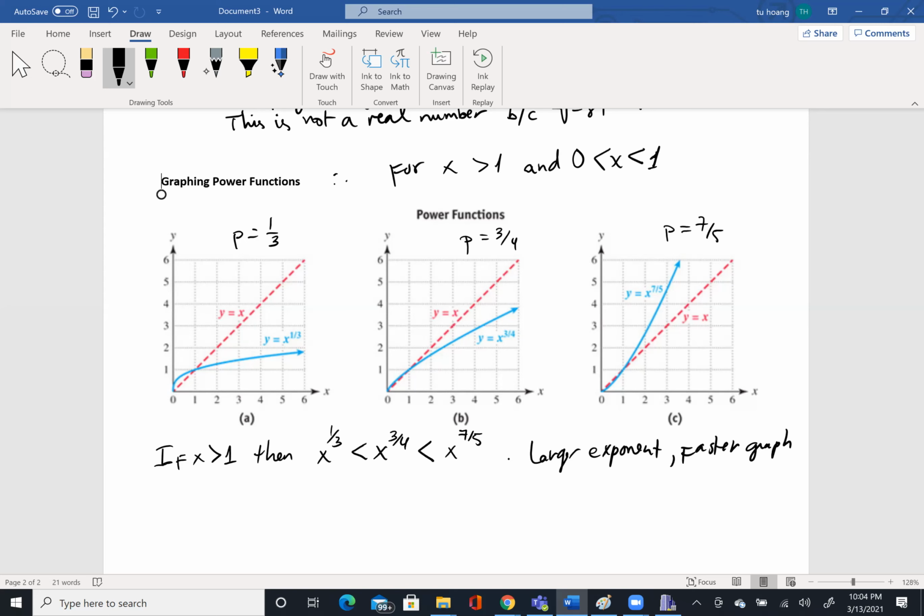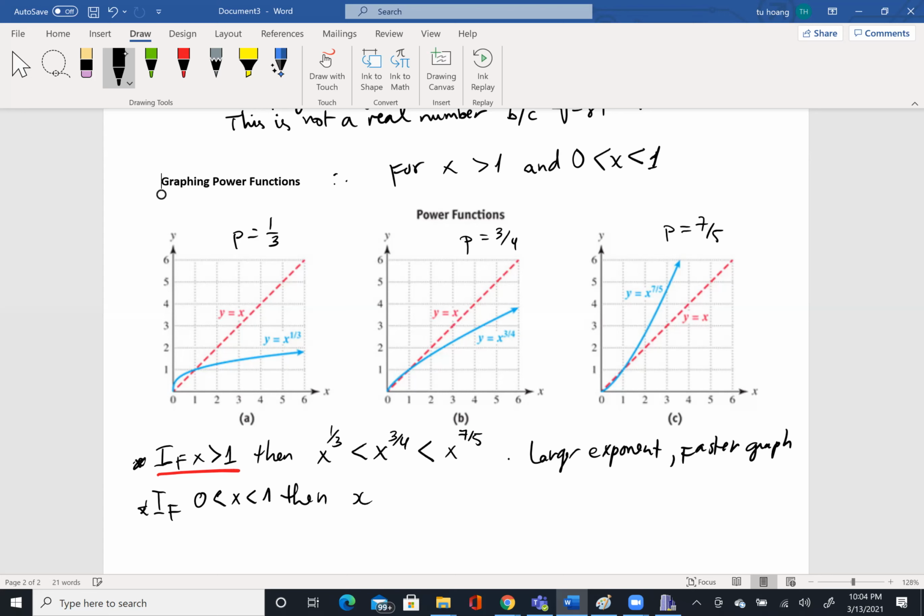Okay, so that's the case that x is greater than 1. For the case that x is in between 0 and 1, what do we have?